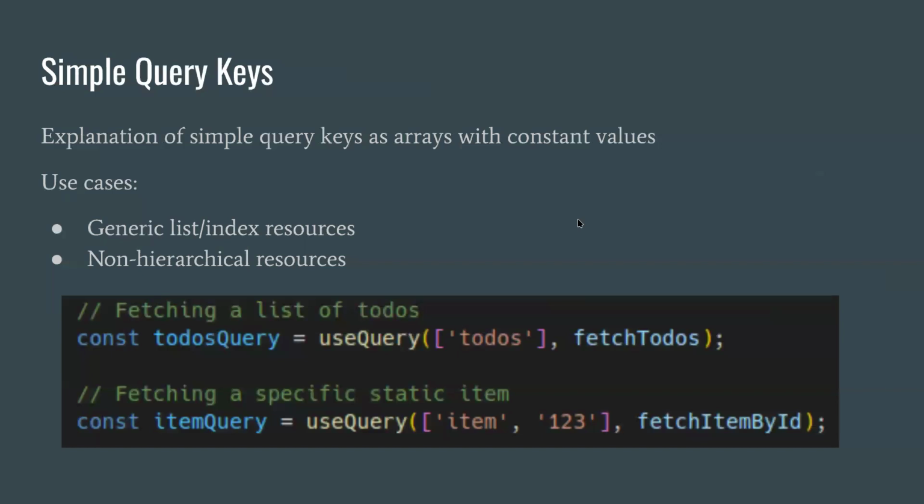And this simplicity helps in caching and retrieving data without unnecessary complexity. And here is an example that demonstrates how simple constant values are used to fetch generic or specific data.